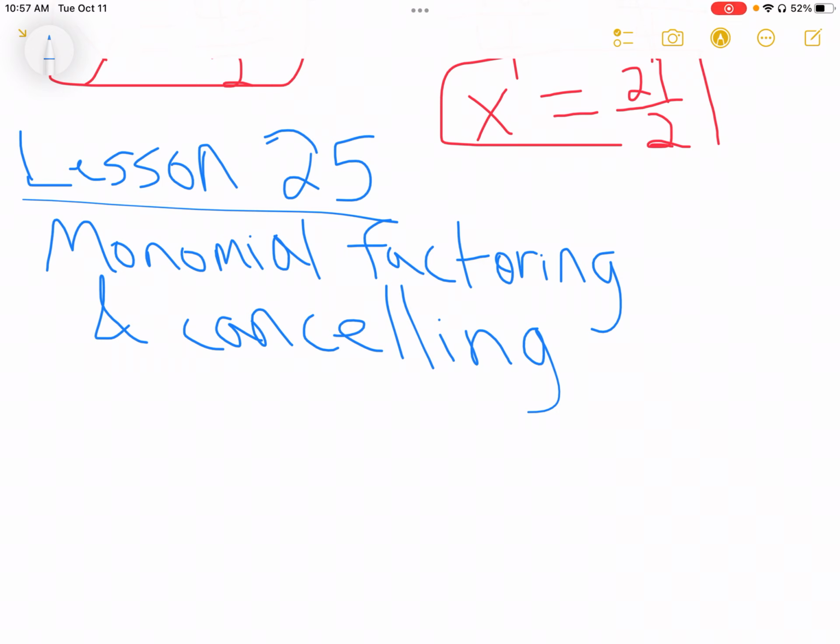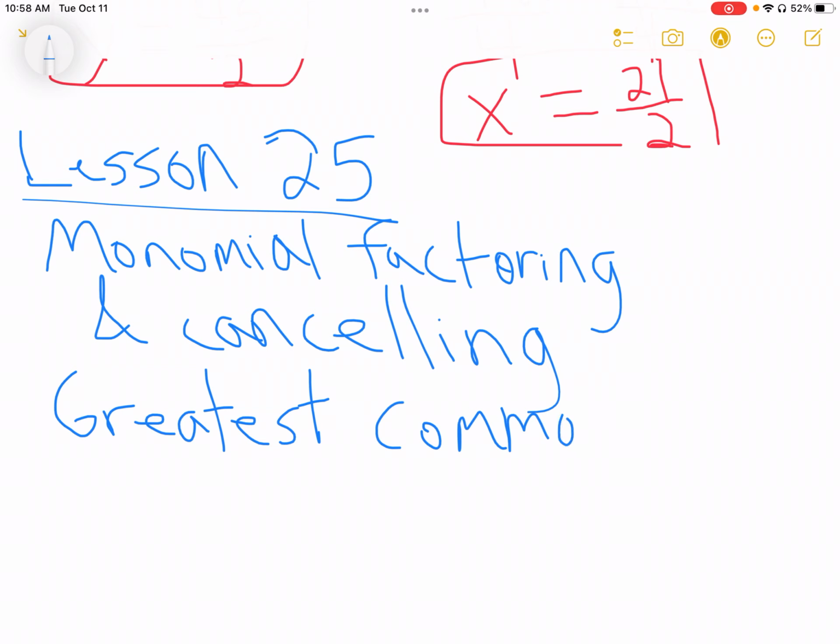If I think about these things, we've actually talked about greatest common factors, right? Usually we're used to doing this with numbers.